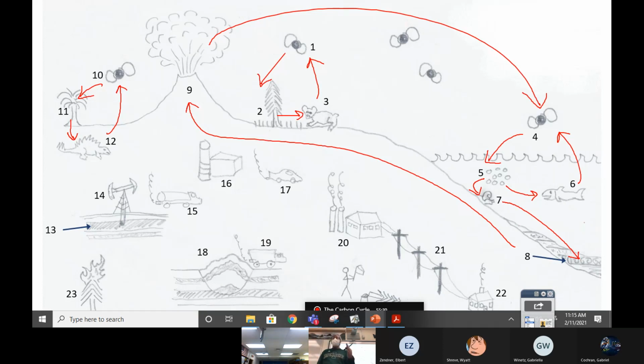So how do people influence the carbon cycle? Well, since the Industrial Revolution, we've had a lot of impact. So not only do the snail shells build up in the sediments, but also the algae builds up in the sediments. And remember I was talking about how we can compress algae and convert it into crude oil?